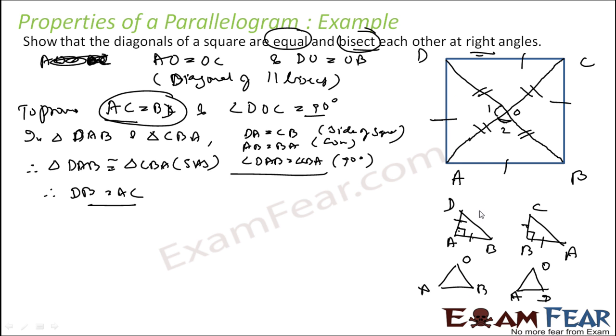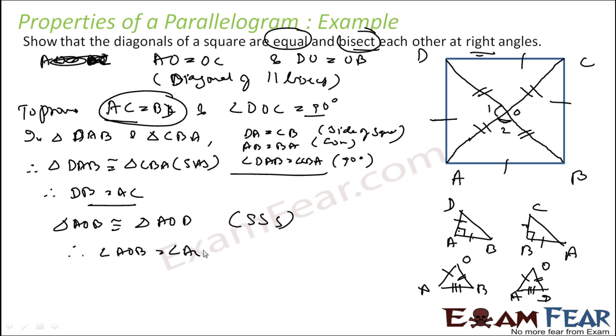If you see, AO is common, OB and OD are both the same, and AD and AB are also the same. These two triangles are congruent. Right? Triangle AOB is congruent to triangle AOD by SSS. Therefore, angle AOB is equal to angle AOD.